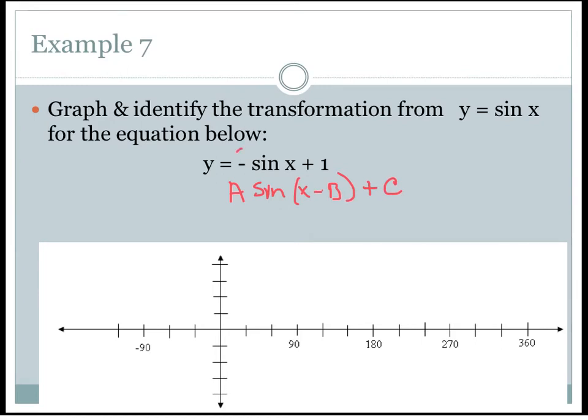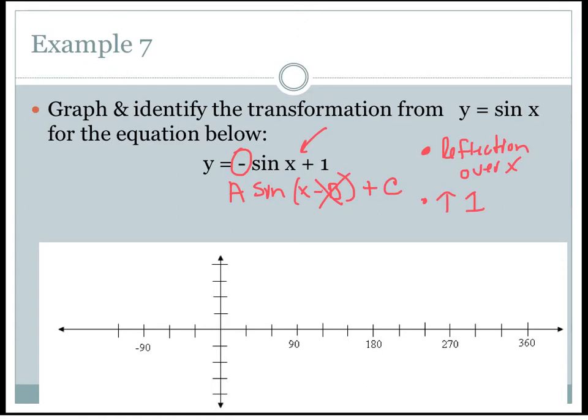But because of this negative, one of the things that's going to happen is a reflection over x. There's no b because we don't have anything out here. The plus 1 is the c. If there was some sort of b change, it would be in parentheses. So I know I'm going to move up 1 unit.